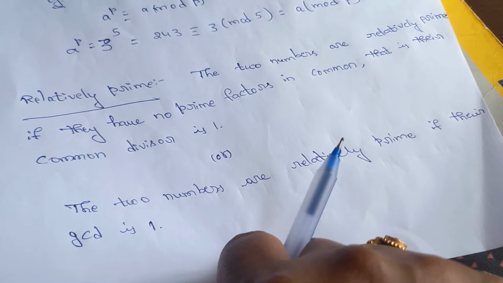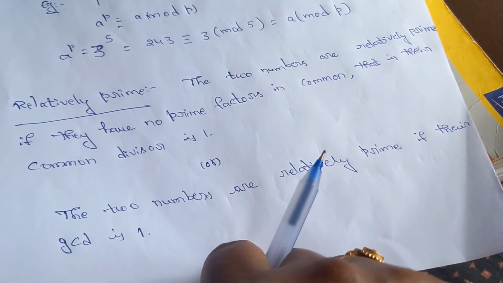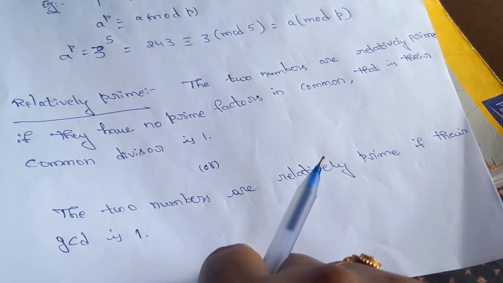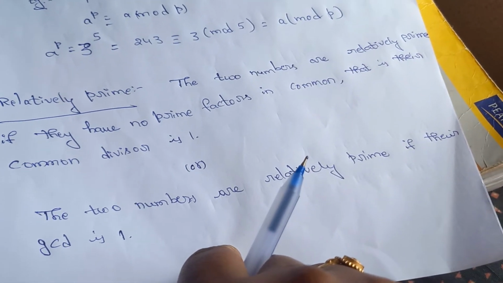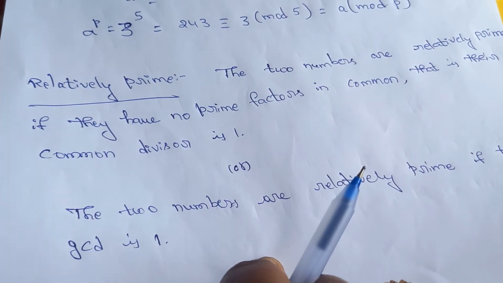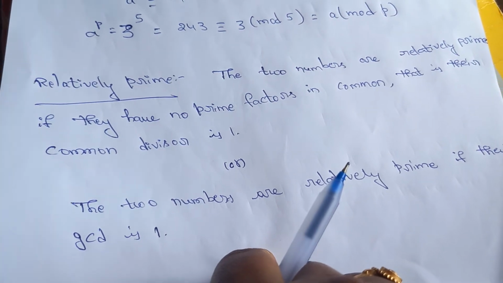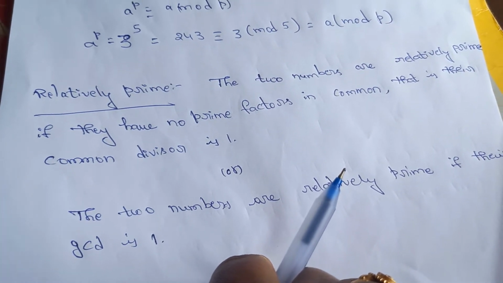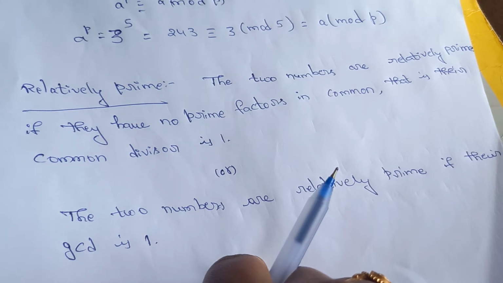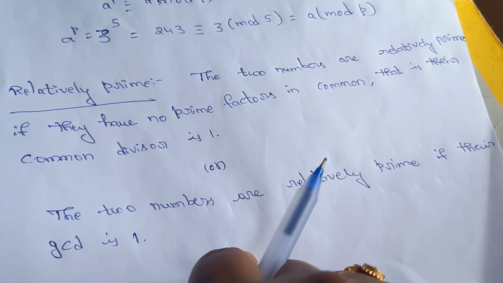You know the prime number: what is a prime number? A number divisible only by itself and 1. Two numbers not having any prime factors in common are relatively prime.